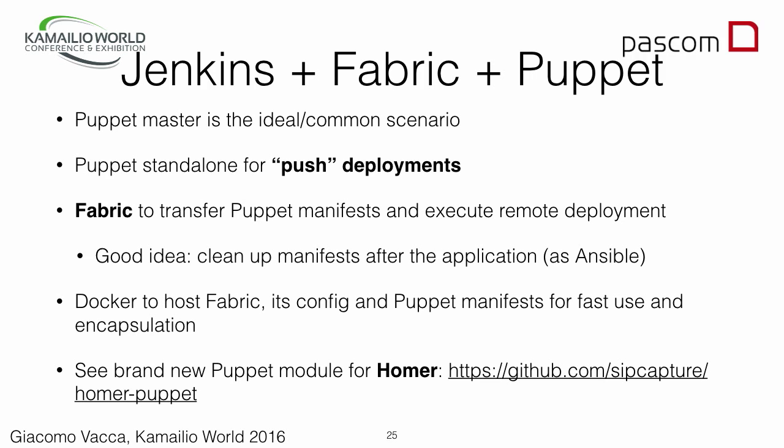And then what Jenkins does is create a slave, the slave runs Fabric, and Fabric transfers the Puppet manifests taken from Git to the target host, runs Puppet apply, and basically does the configuration management, does the deployment, and then cleans up everything. Basically Fabric and Puppet do something similar to what Ansible does directly: connecting remotely via SSH, doing the deployment, and cleaning up.